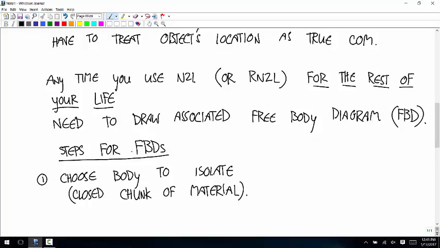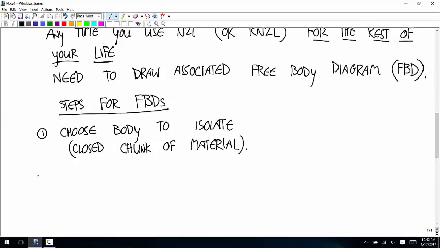It can be an actual whole object, or it can be a part of an object, or it can be a collection of objects. The only rule is you have to be able to draw an imaginary boundary around it that closes everywhere. There has to be a clear boundary between what you're calling your chosen object and the surroundings. And second, draw a closed outline of that chosen body.